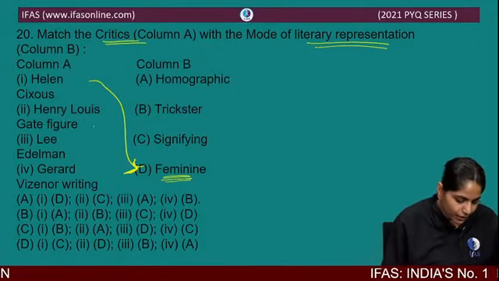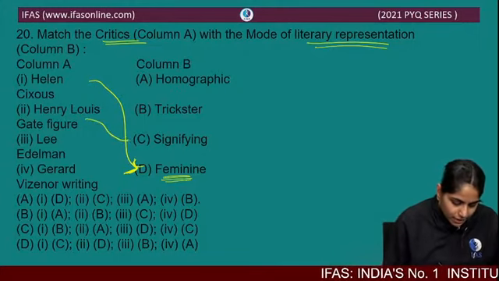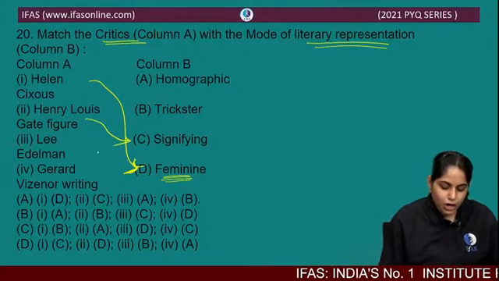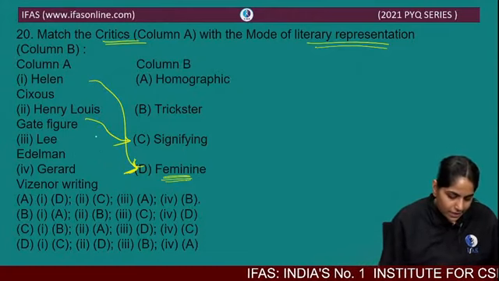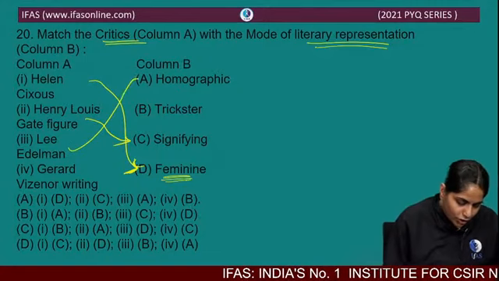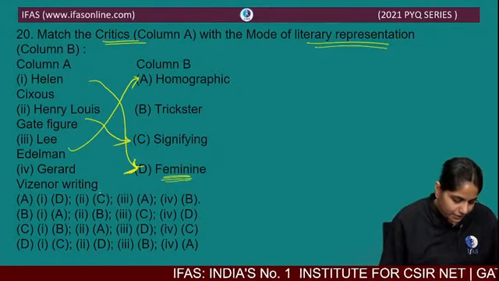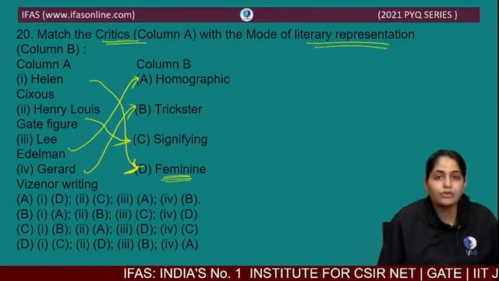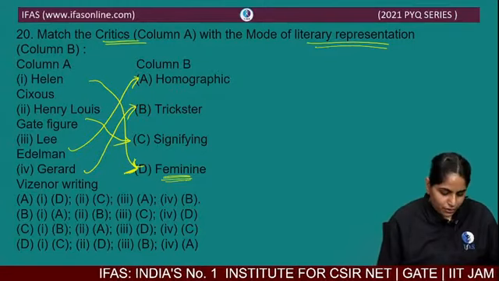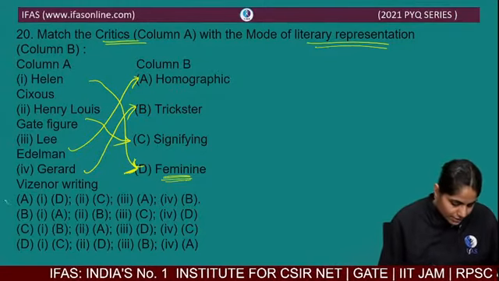Then Henry Louis Gates Jr. talks about signifying. Then Lee Edelman talks about the homographic. And then Gerald Vizenor's writing focuses on the trickster. So this is the sequence, and 1 matches with option A.